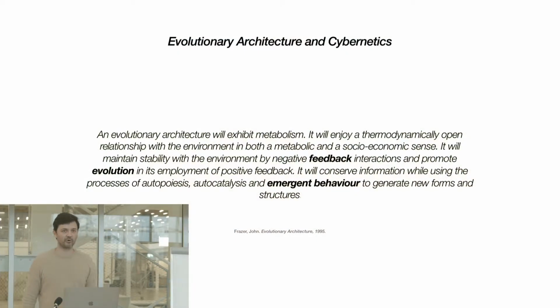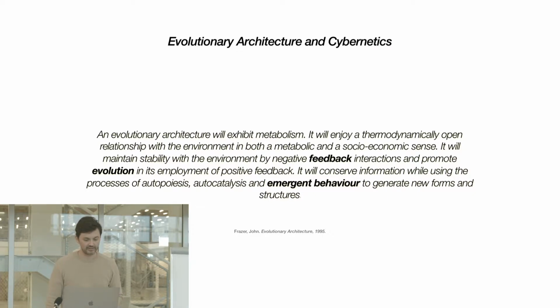And of course, for Frazer, who wrote this, it was important to be in tune with prominent computational paradigms of the time. So in the postscript of his book, Tim Jachna wrote how he considers the relation between this evolutionary architecture and cybernetics. So he said, an evolutionary architecture will exhibit metabolism.